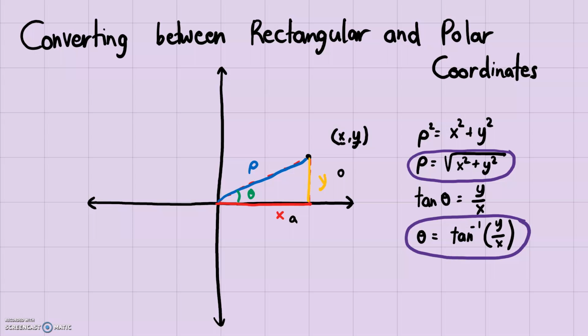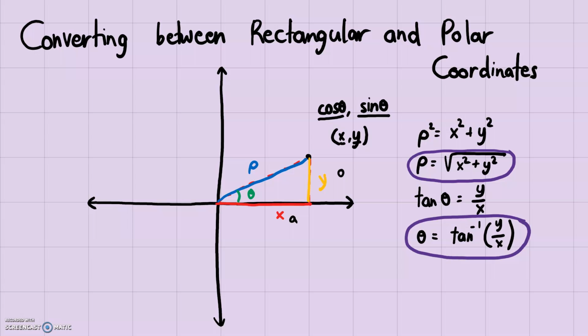The x on the unit circle is cosine of theta, and the y is sine of theta, right? And that tells you that by taking those trigonometric functions, you're going to end up with the x component and the y component.